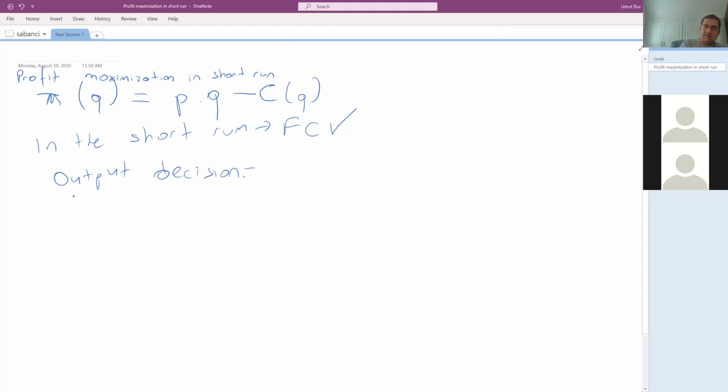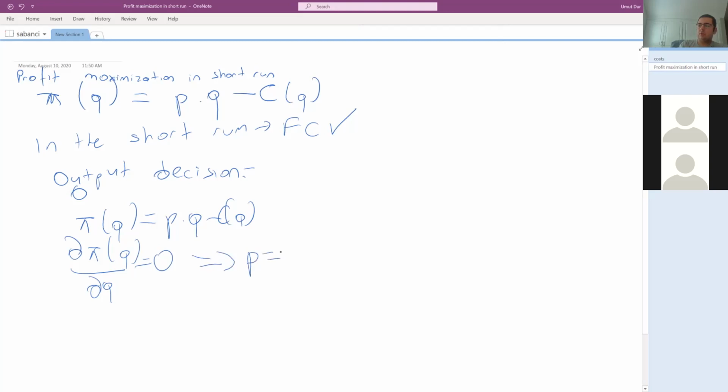Basically we would like to maximize the profit, and we do it by taking derivative and equalizing it to 0, and this derivative is basically giving us the following. Price should be equal to the marginal cost.